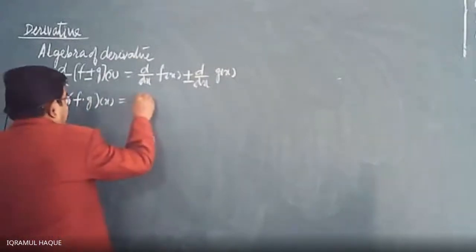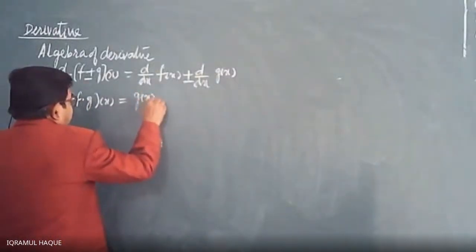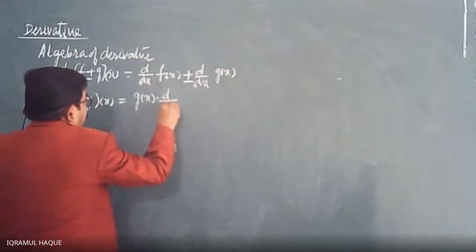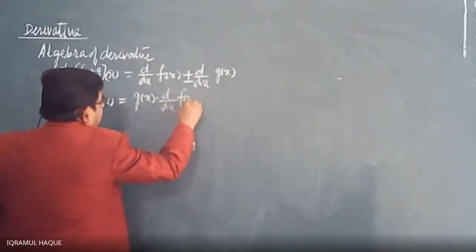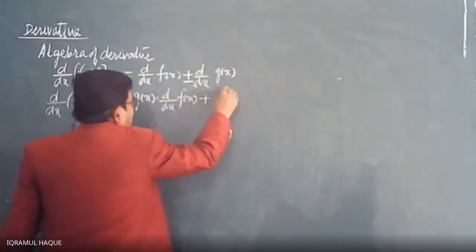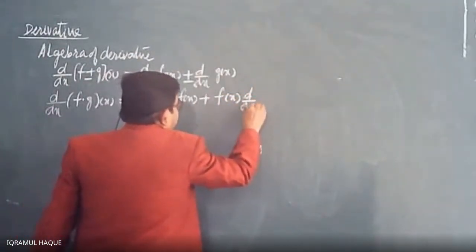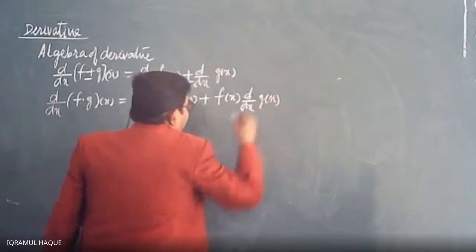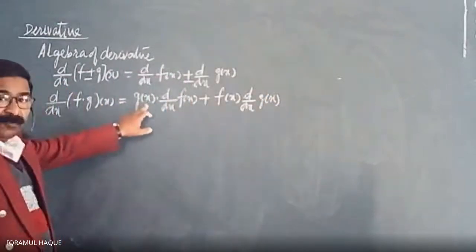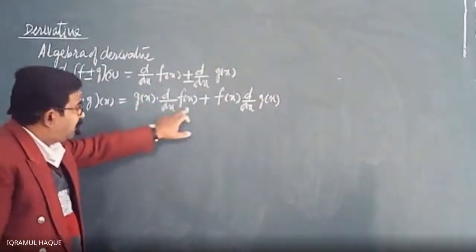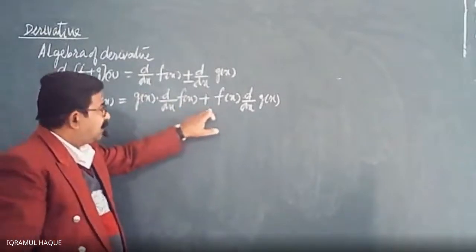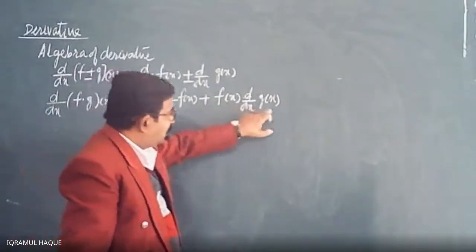See how to write: g of x into d of dx of f of x plus f of x into d of dx of g of x. What I have done? Second function into derivative of first plus first function into derivative of second.